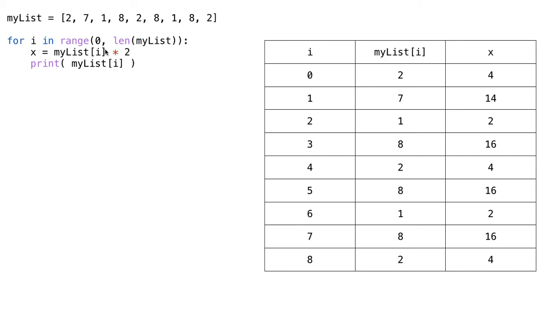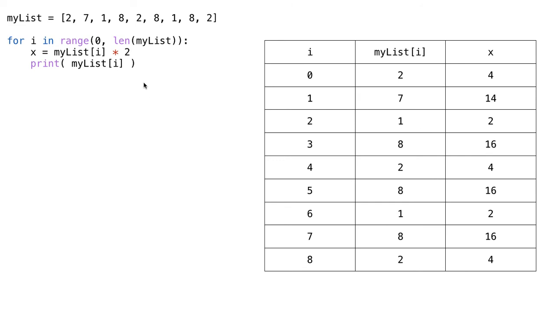So you can see that as we're pulling each entry out of the list, we're multiplying it by 2 and then putting that result in x. And you can see how x changes every time we go through the loop, depending on what value we pull out of the list, and the value we get from the list is determined by what i is.